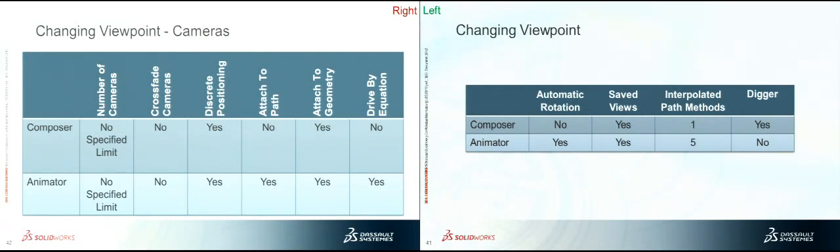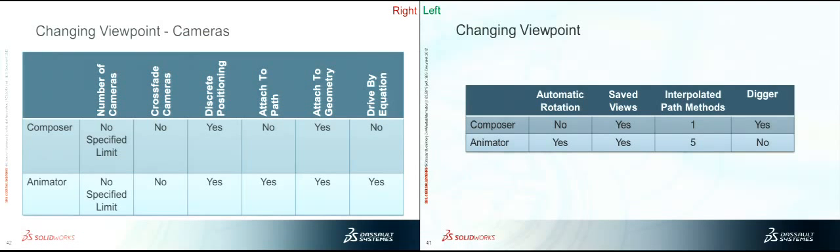Oh, okay. So when you're changing the viewpoint in either product, we have several options. Either an automatic rotation. Actually, Composer can't do that. As I showed you, it's much more of a manual process. We can do the saved views, like Jim was saying. The saved views in Composer can hold a lot more information than just how you're looking at it. It's properties. It's a lot of information, actually.